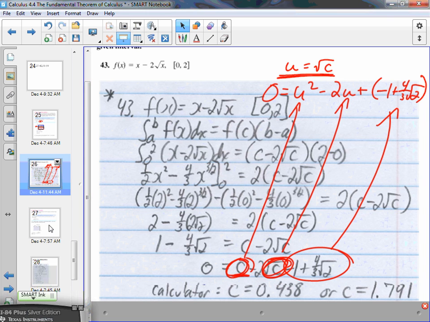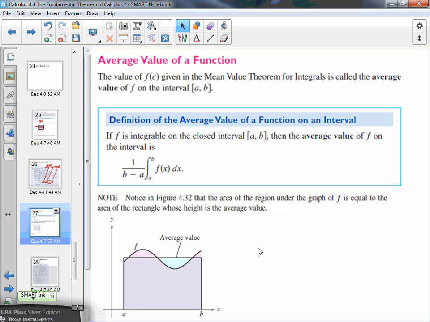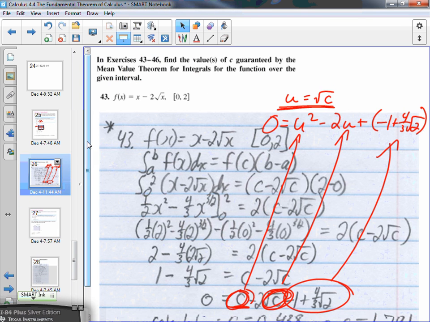All right. Now, the average value of a function is a definition. It says the value of f of c given in the mean value theorem for integrals is called the average value of the function on that interval from a to b. So they didn't ask us to do it here.